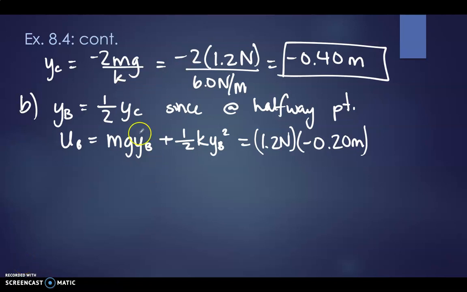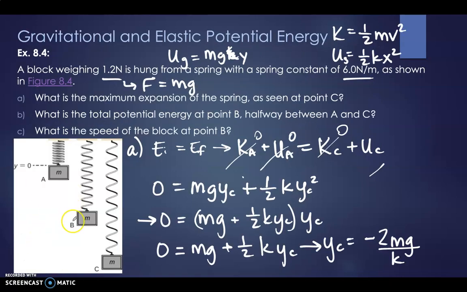Okay, continuing our last video here, we were looking at example 8.4, and we got to the point where we were calculating part B, or the potential energy at this halfway point here.